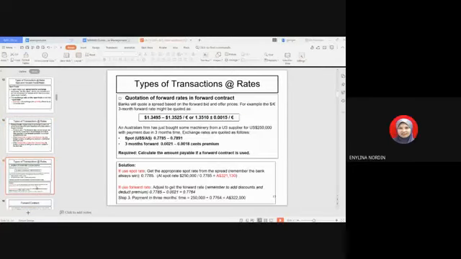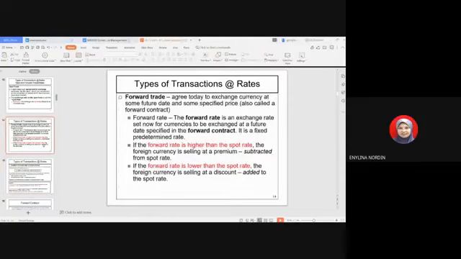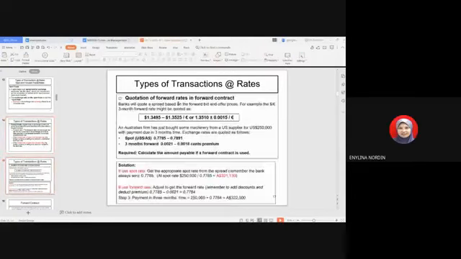So we go to the example. Here is the quotation for the spot rate and forward rate, and here is for the forward contract. So quotation of forward rates in a forward contract. Let's say the bank will quote a spread based on the forward bid and offer prices. For example, dollar against euro.